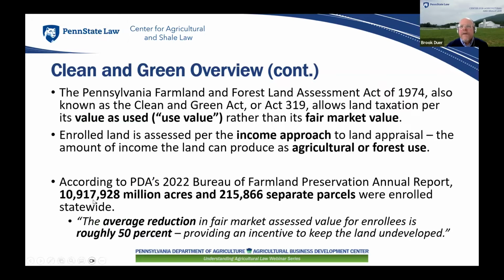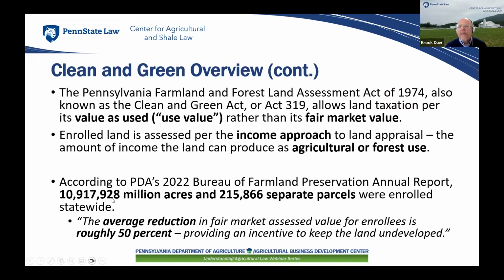You probably know there are 3 different categories under which you can enroll land: ag use, ag reserve, and forest use. Right now, the data we have is that in 2022, the Bureau of Farmland Preservation's annual report shows that there are 10,917,928 acres that are enrolled in the program, and 215,866 separate parcels. That's pretty robust.